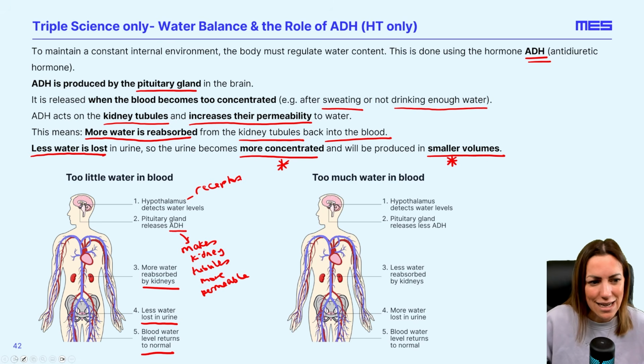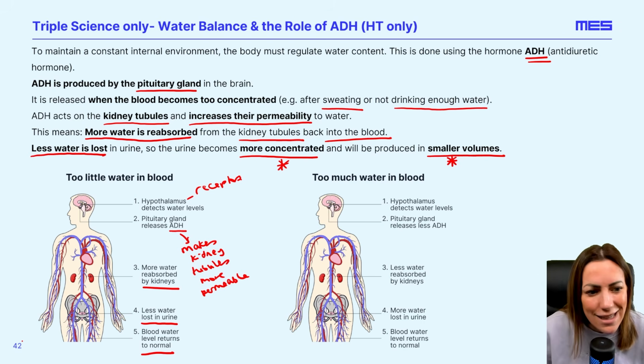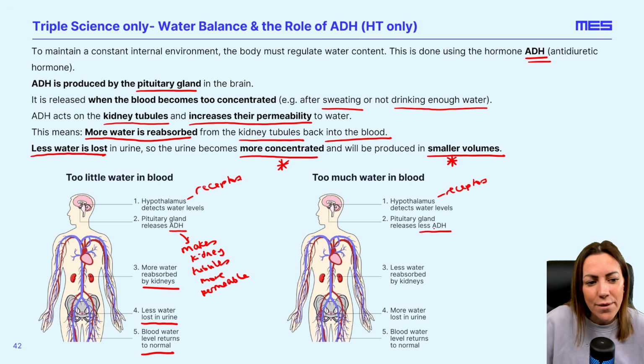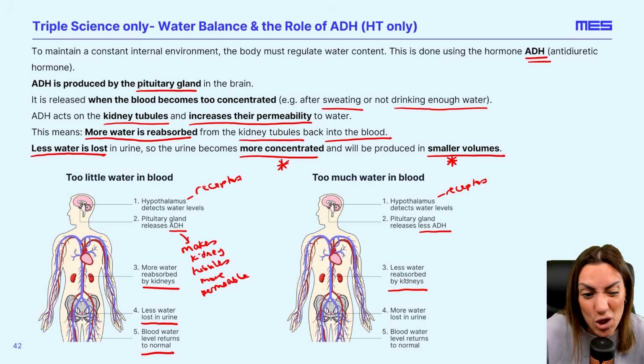Now, the opposite side of this, what if you have too much water in your blood? Like, what if your blood is really dilute? You've just drunk like 3 litres of water or something and you're not sweating or exercising. Well, again, the receptors in your hypothalamus would detect the water levels. They detect there's too much water in the blood, or the blood is too dilute. The pituitary gland would release less ADH, or stop releasing ADH altogether, which means less water would be reabsorbed from your kidneys, because the kidney tubules would not be made more permeable to water.